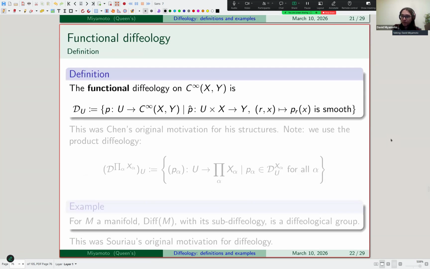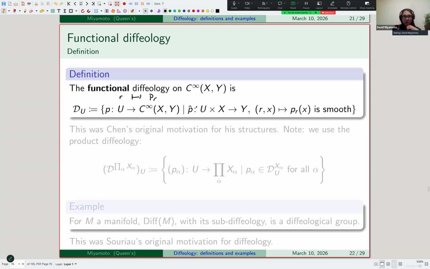And finally, we have the functional diffeology. So the functional diffeology, I have to tell you what the plots are. What is a plot from U? Here P, I use the notation r maps to P sub r.